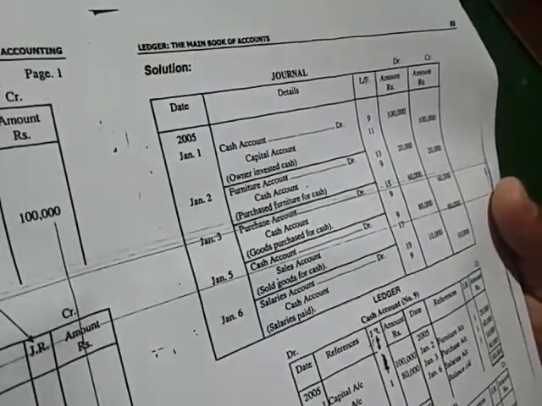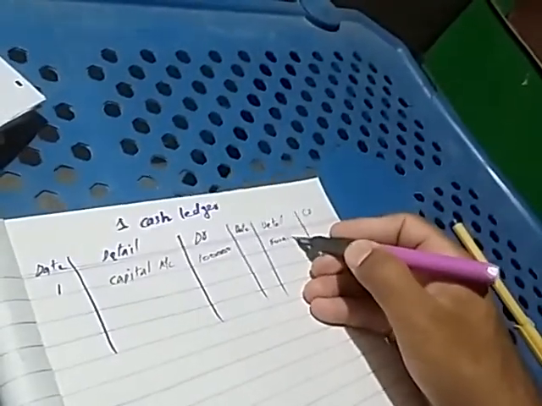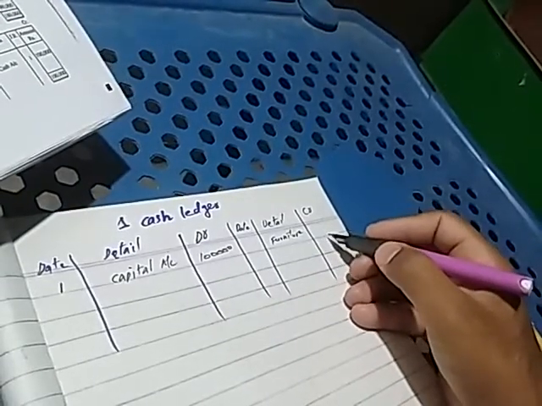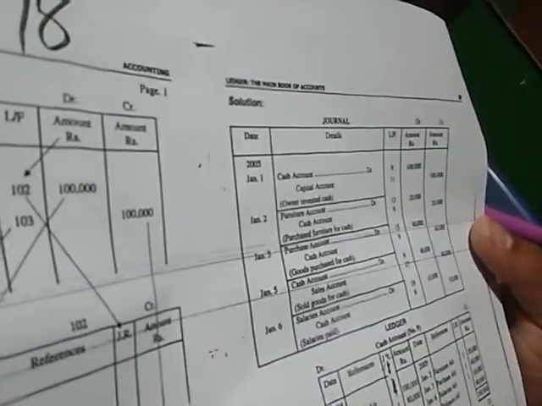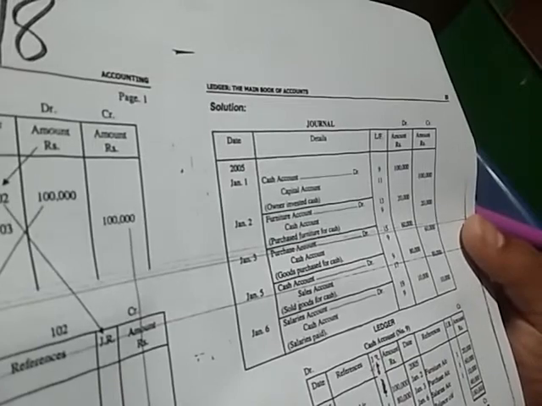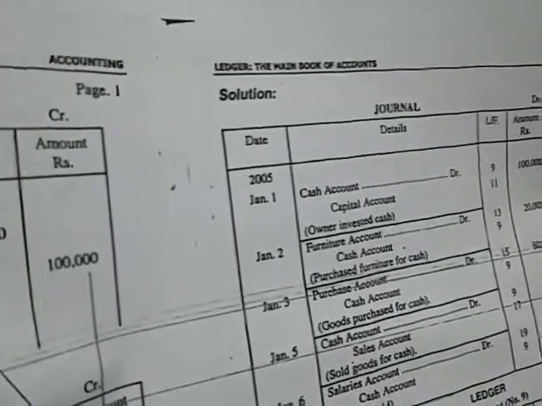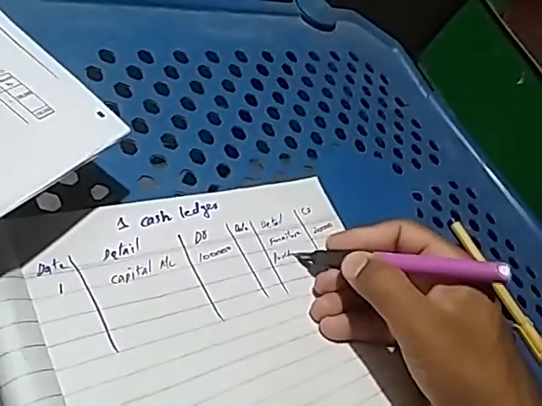Next, cash is credited due to furniture account. Okay. So here in the detail column we write furniture, and in the credit column we write the amount of cash, 20,000. Next entry is cash is credited due to purchases account of 60,000. Okay, purchases.